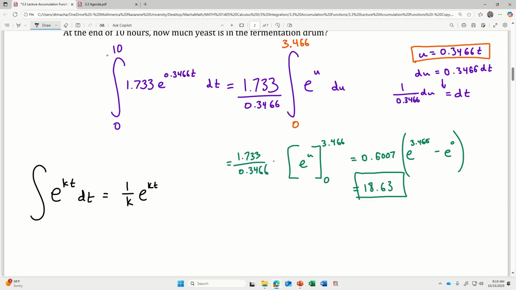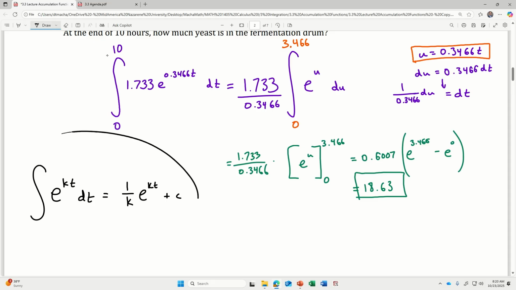Think about taking the derivative, reversing this: the derivative of e to the kt is k times e to the kt, so the k divided by k cancels and you get back the integrand.